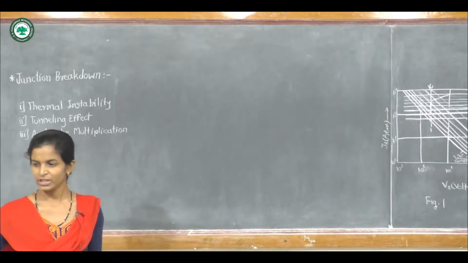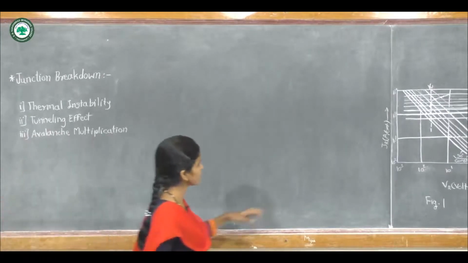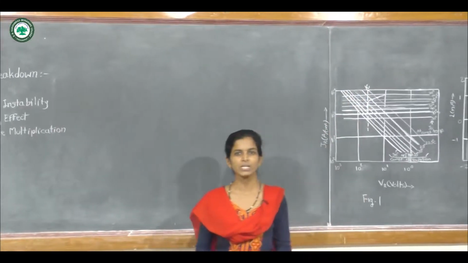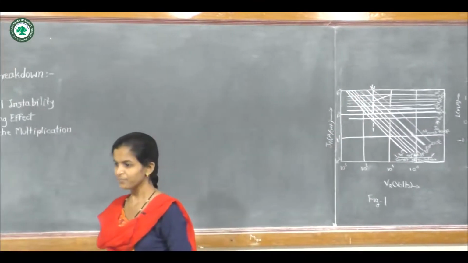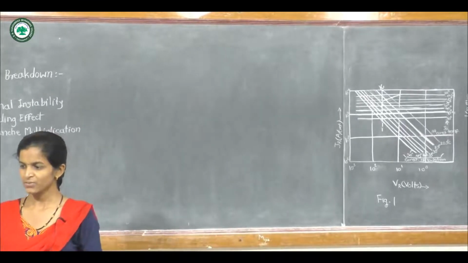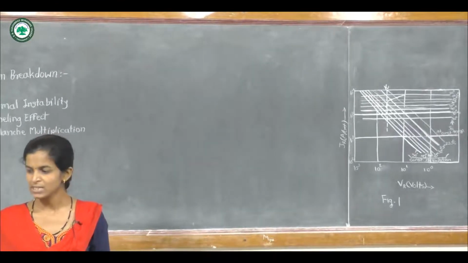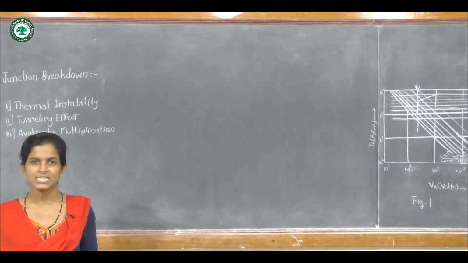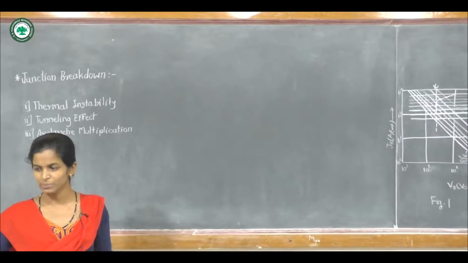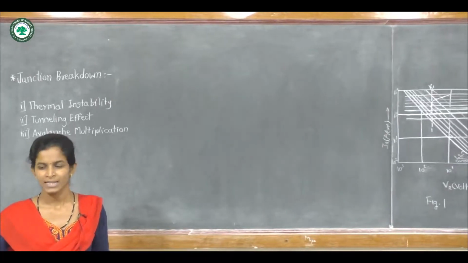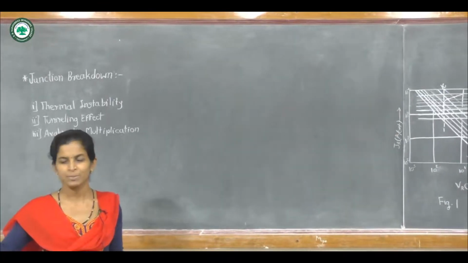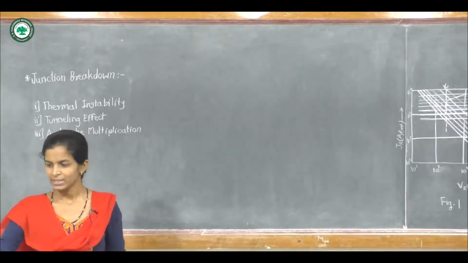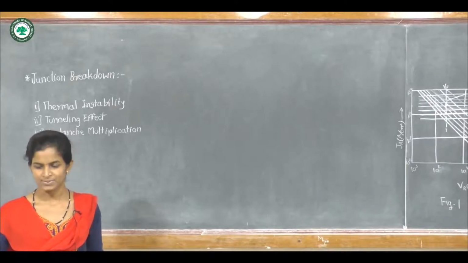This voltage VU is called turnover voltage, and for PN junctions with relatively large saturation currents, the thermal instability is important at room temperature. However, the thermal instability becomes less important compared with the other mechanisms.